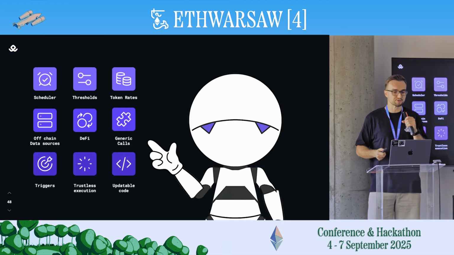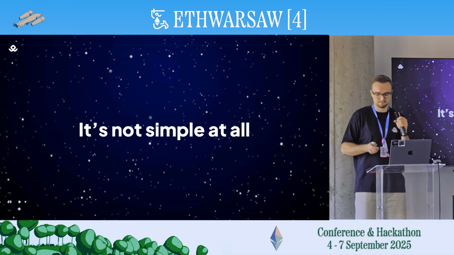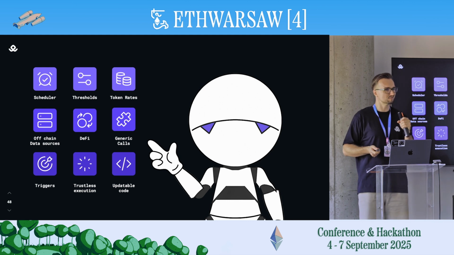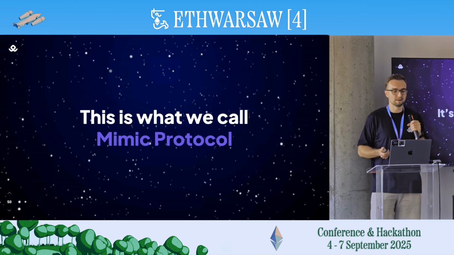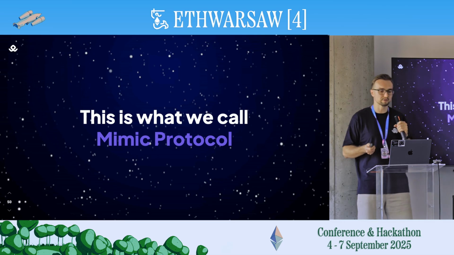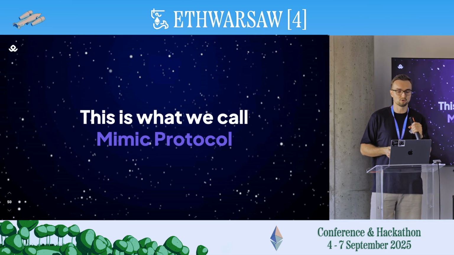We've added all those features to the protocol, so basically all those features show you that it's not a simple thing, and that's what we call Mimic protocol. Those are the features that we have built into the protocol that we're building.